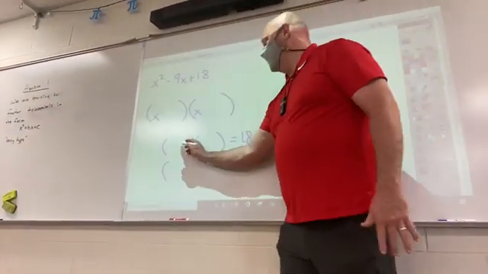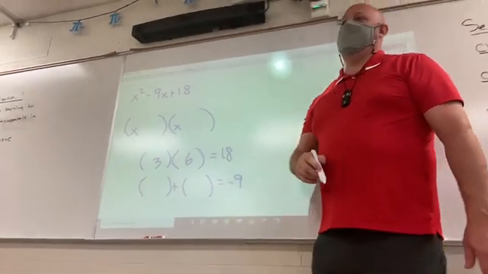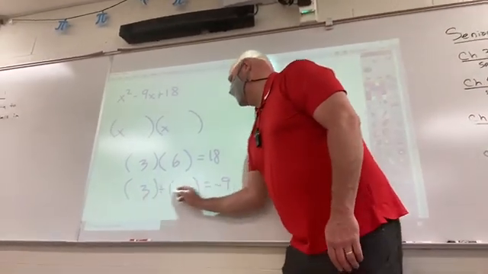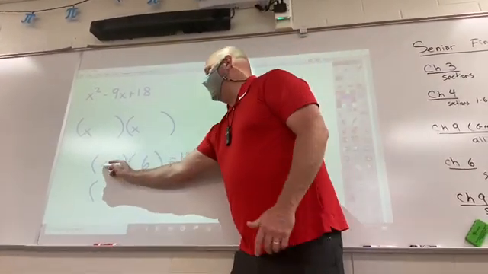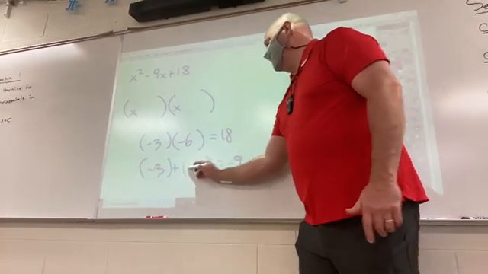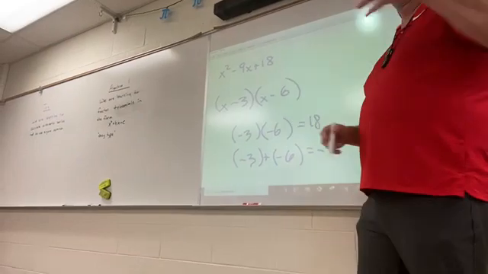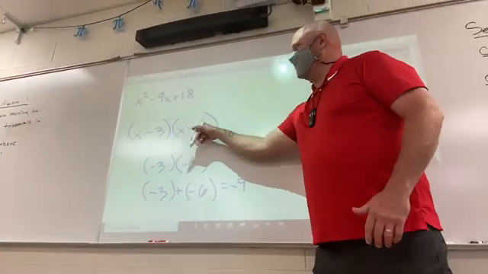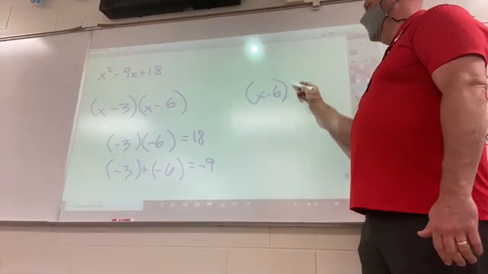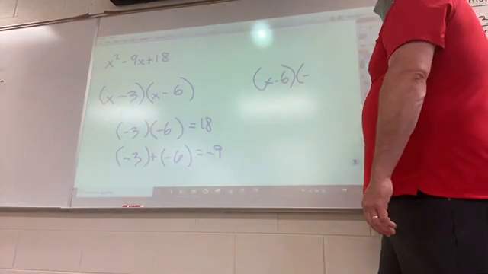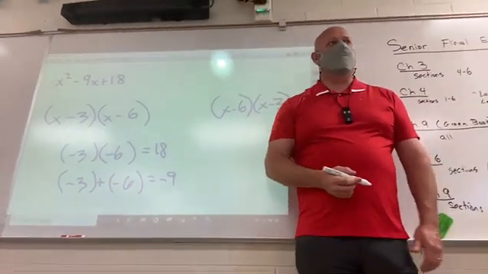That would work. Now, 3 and 6 do multiply to 18. But 3 and 6 don't add up to negative 9. They add up to positive 9. I would want negative 3 and negative 6, right? So it would just be x minus 3, x minus 6, and it makes absolutely no difference whether you write x minus 3, x minus 6, or x minus 6, x minus 3. Those two things would be exactly the same. It makes no difference which one you put first. Okay?